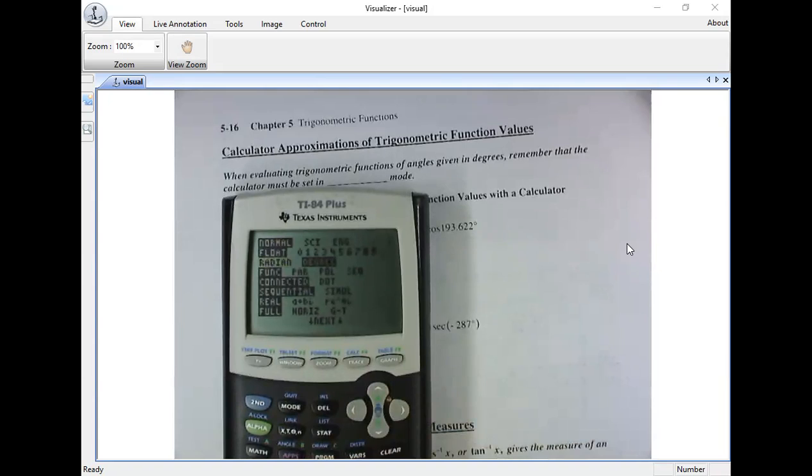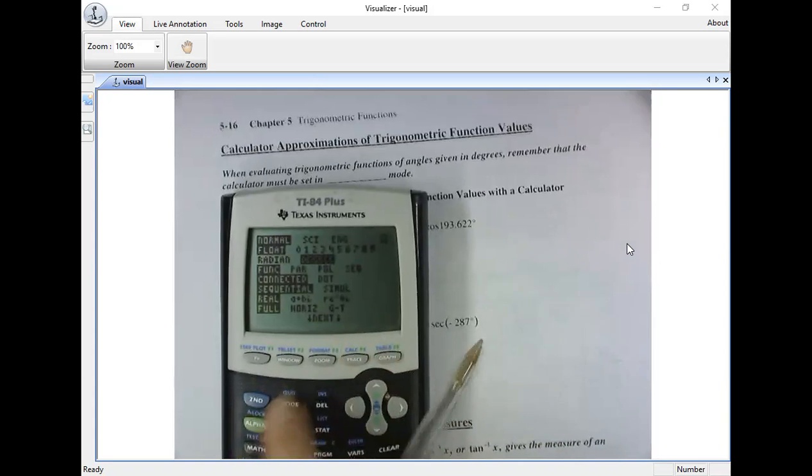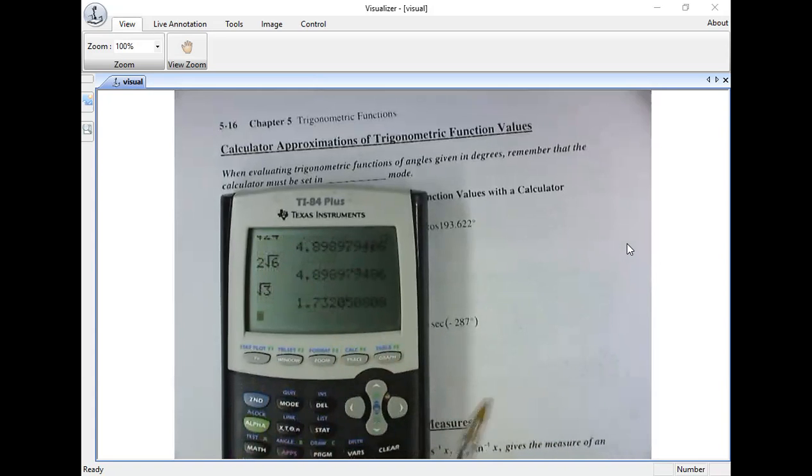This would also give you the ability to double check your answers on those special right triangles, but keep in mind, if the value, like on the one we just did, we had square root of 3 over 2 for our sine ratio in a 60-degree triangle. If I were to put in the sine of 60 degrees in here, it gives me a decimal approximation because the square root of 3 is an irrational number, right?